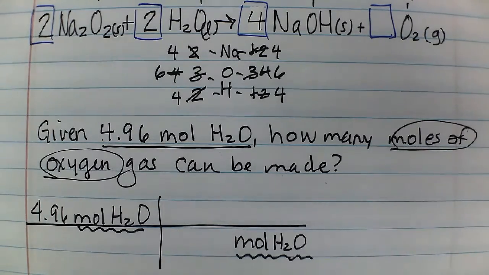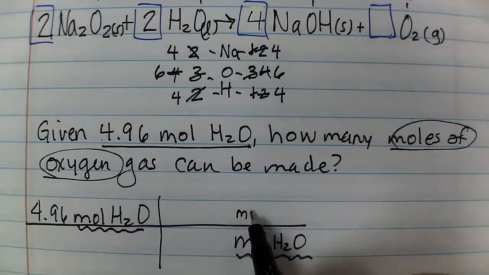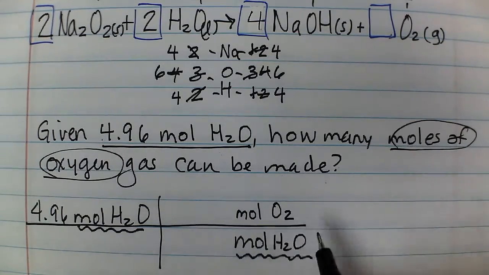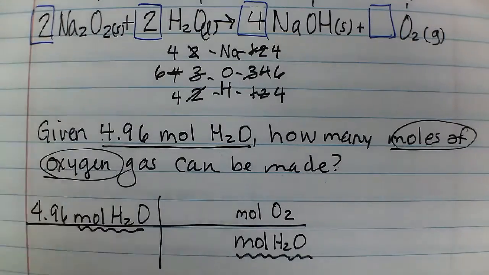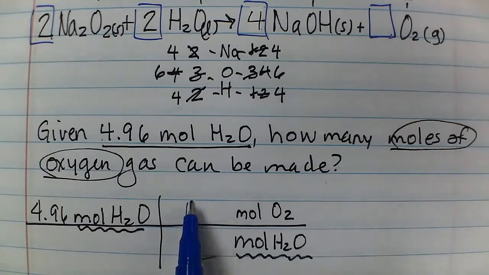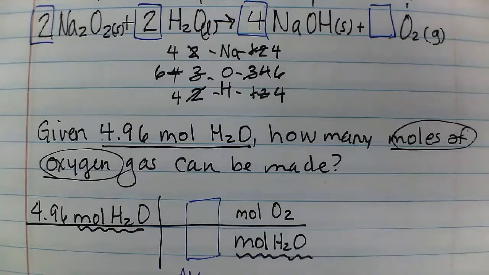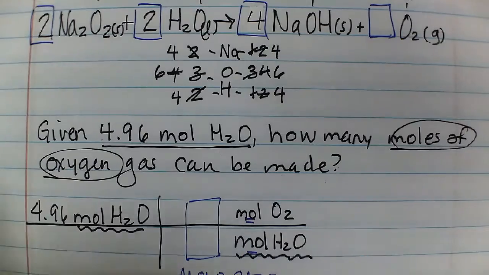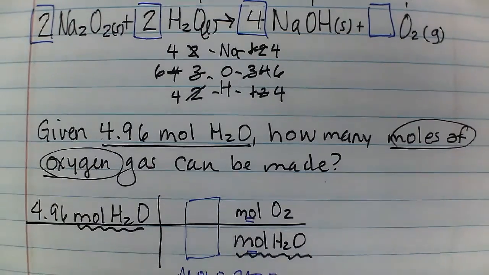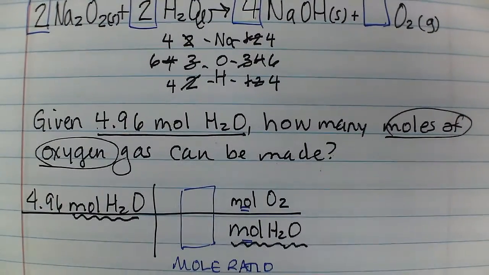So if I have moles of water on the bottom and I'm trying to find moles of oxygen, I can definitely put those 2 things together because this is a mole ratio. When I have moles per mole, that is a mole ratio that comes from the balanced chemical equation.